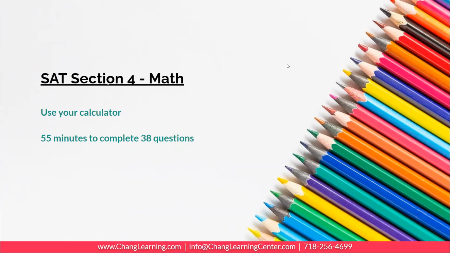In section 4 math, you should have a charged and ready to go scientific calculator like the TI-84 Plus or the Casio, so that you can graph as well as compute using SOHCAHTOA, any exponential problems, and also evaluate the polygons in algebra. You'll have 55 total minutes to complete 38 questions.